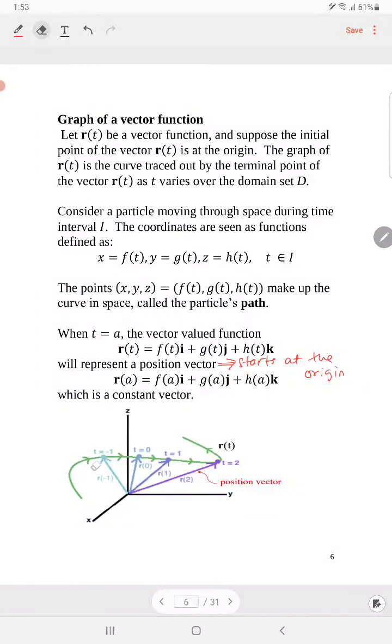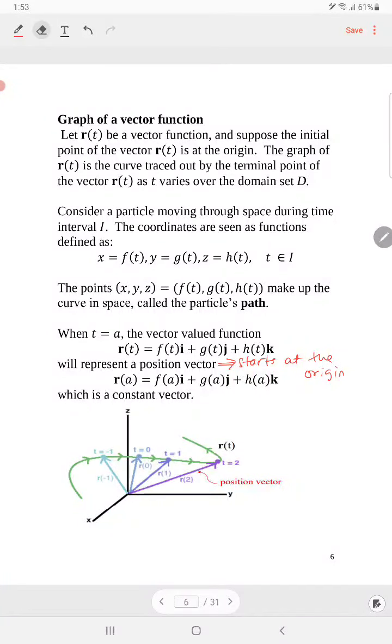When you connect all the endpoints, or terminal points, of the position vectors, you get a curve. That curve is the vector valued function. That's how you sketch a vector function, by plotting a few position vectors.